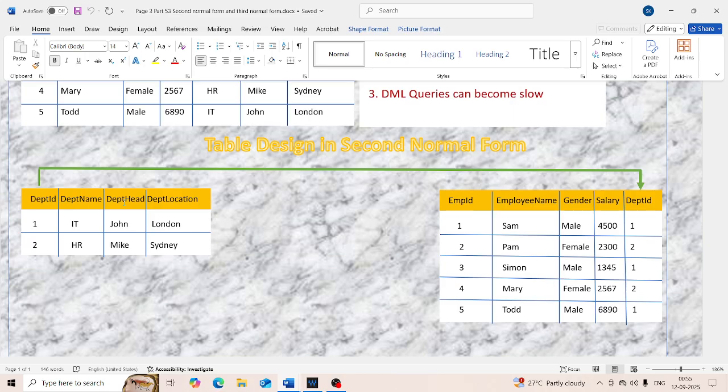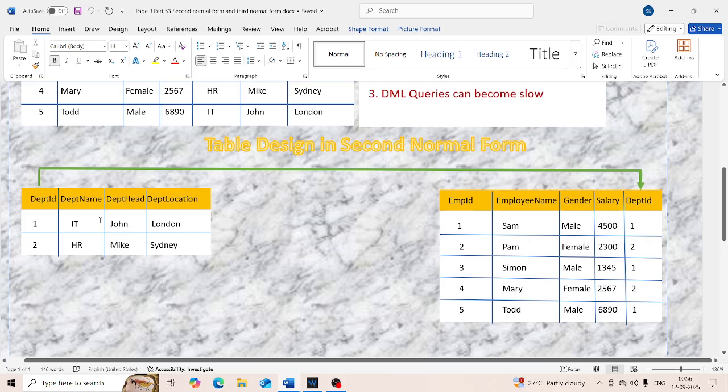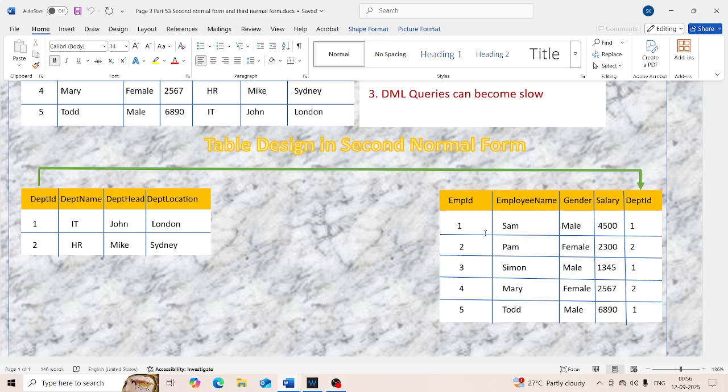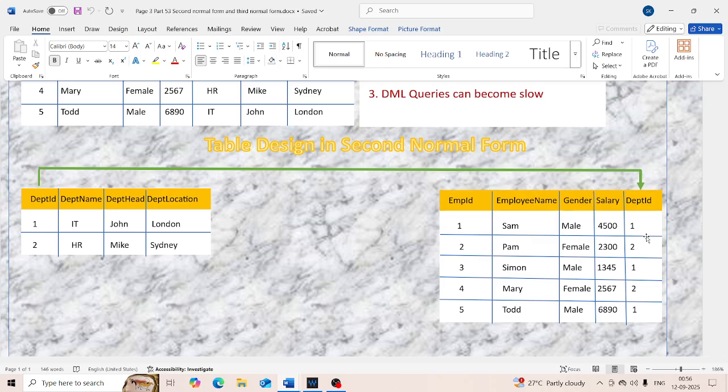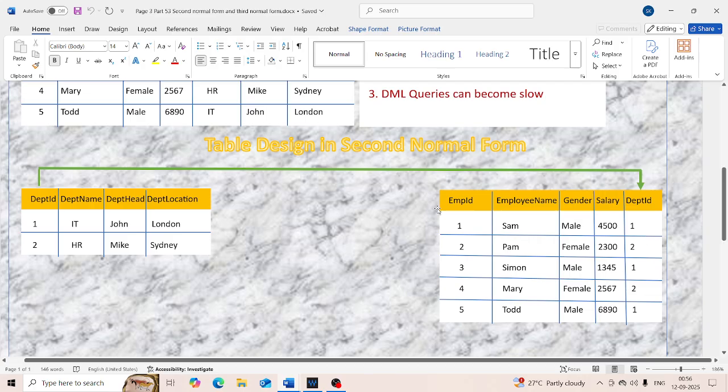It is not now a matter of updating a few rows and not updating the others. And when you join this department table with this employee table, obviously people who belong to the same department will have the same department head and same department location.